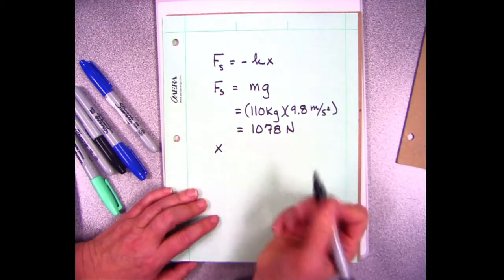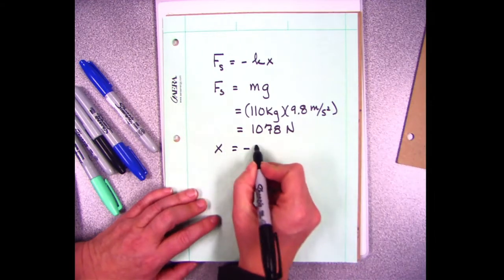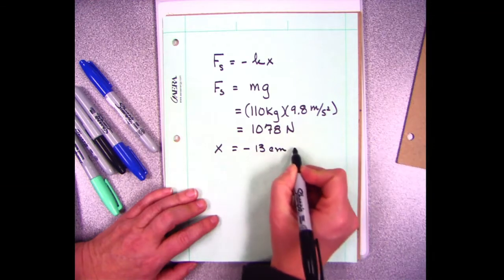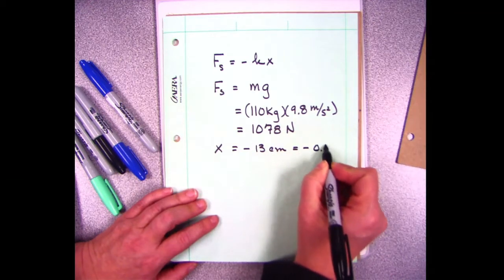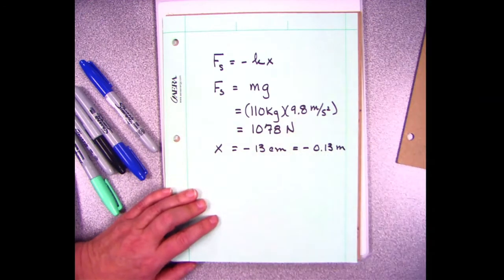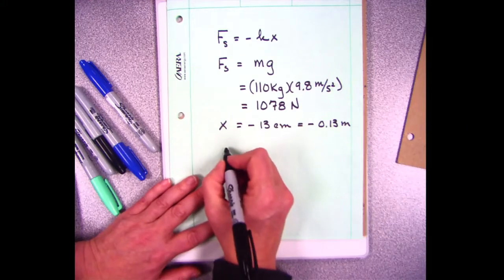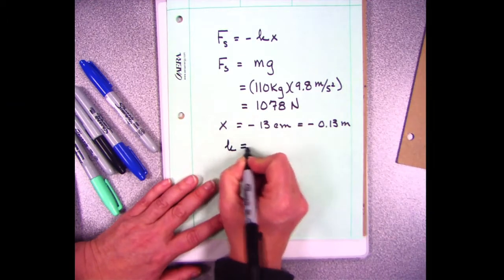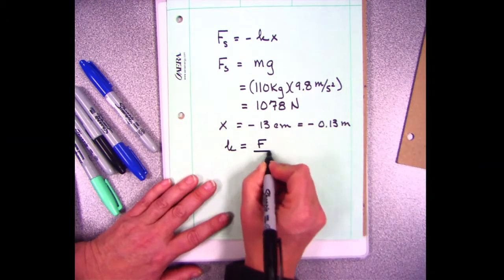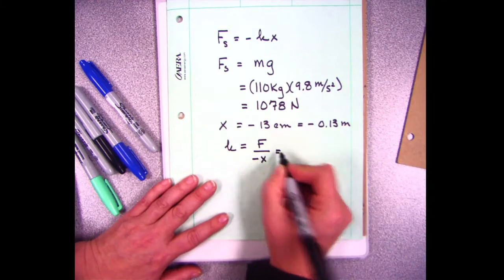The change that I had was a negative 13 centimeters, or a negative 0.13 meters. So that's going to give me my meters. Now if I rearrange the force equation, k is going to equal the force divided by my negative x.